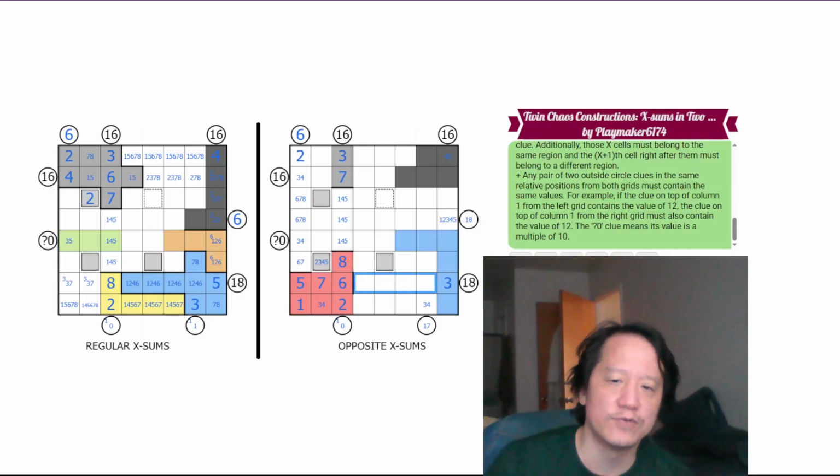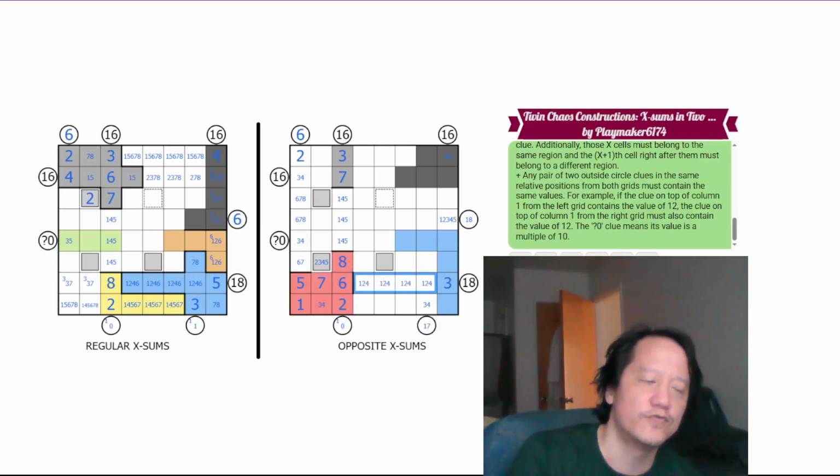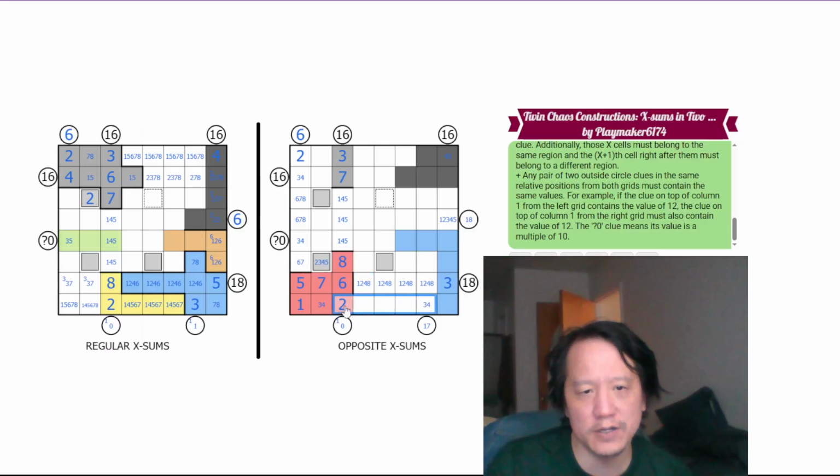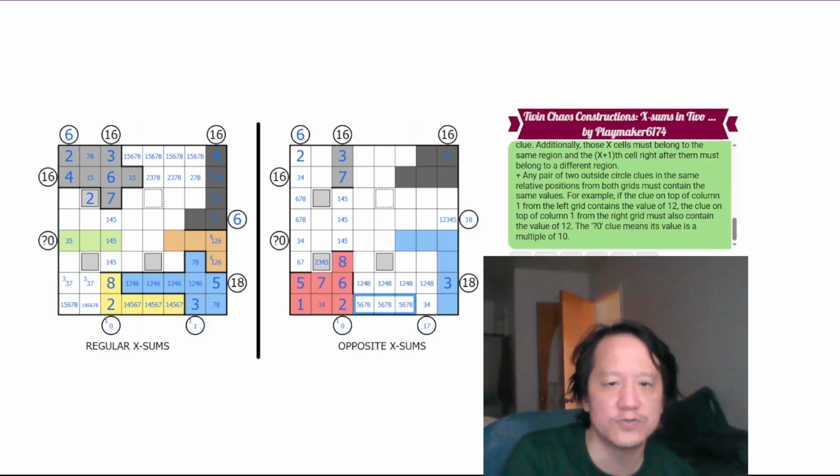Remaining digits of row 7 here are 1, 2, 4, 8. That's possibilities. We have a 3, 4 pair in row 8 here, so that leaves 5, 6, 7, 8 as the remaining digits.